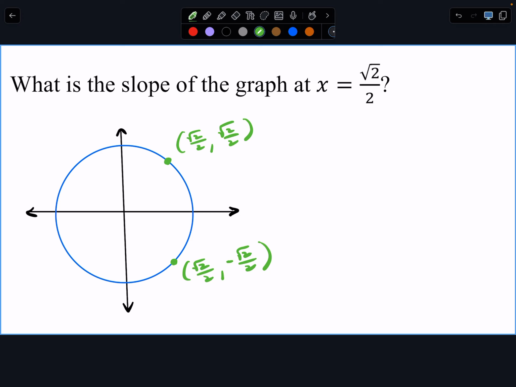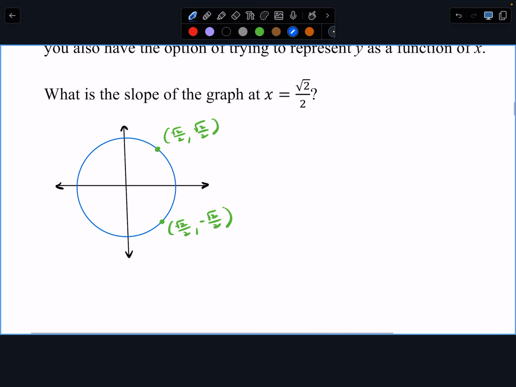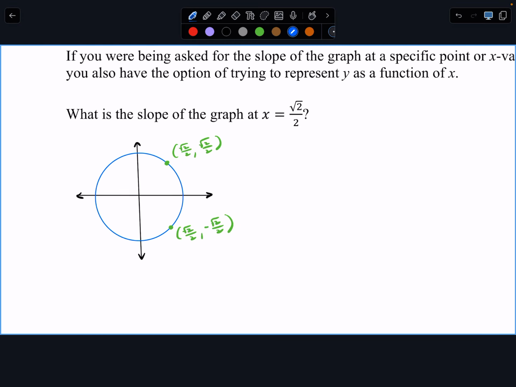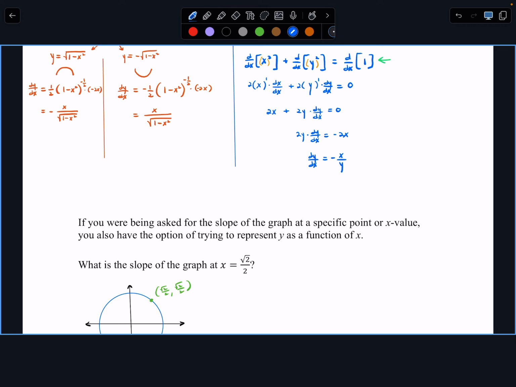So one option for finding the slope of the graph at x equals root 2 over 2 would be plugging it in here and then also here, thinking about the fact that on the graph of x squared plus y squared equals 1, there are two different points. So you would end up needing to use both formulas, right? The top half of the circle formula for derivatives and the bottom half of the circle formula for derivatives.